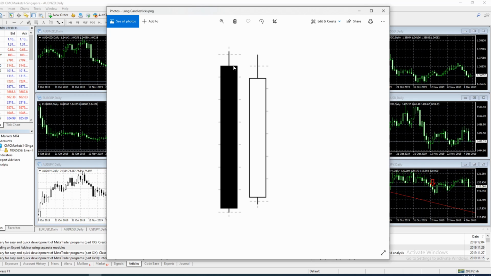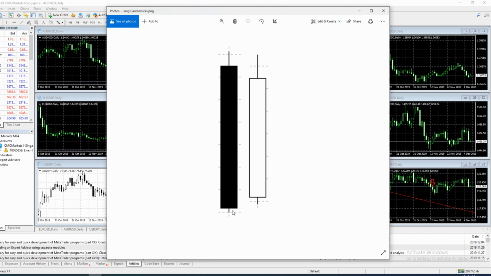This is the closing price of that particular time period. And using the shadows, we can see the highest price of the time period and the lowest price of the time period. So the distance between the open and closing price would give the so-called body, how much move the price made between the opening and closing of this particular time period.